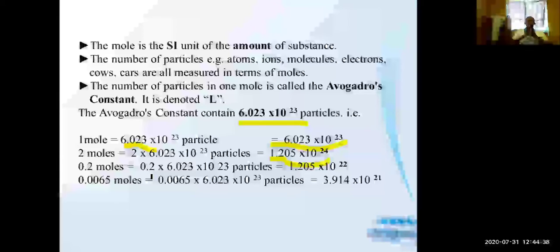For instance, if you're asked to calculate the number of particles in 0.0025 moles, you just multiply 0.0025 moles by 6.023 times 10 raised to power 23, which, if you do it correctly, gives 3.914 times 10 raised to power 21.